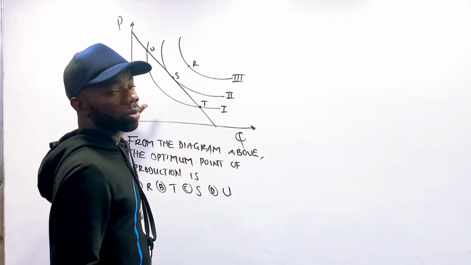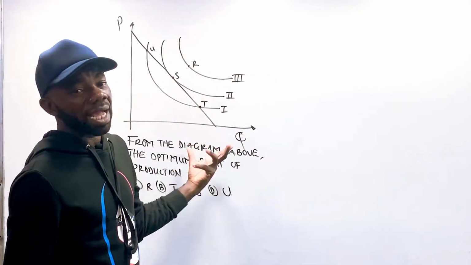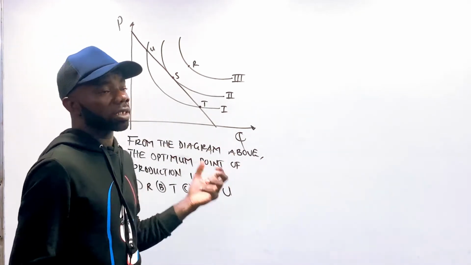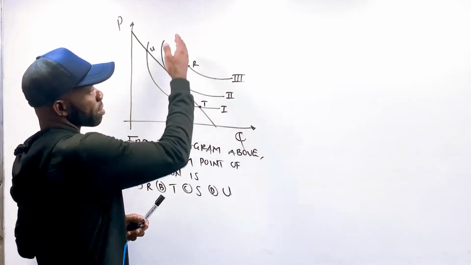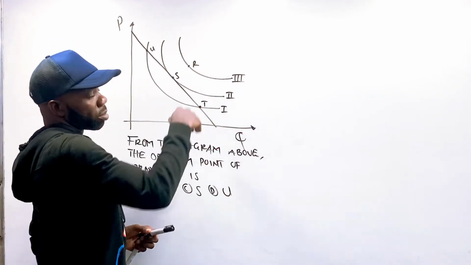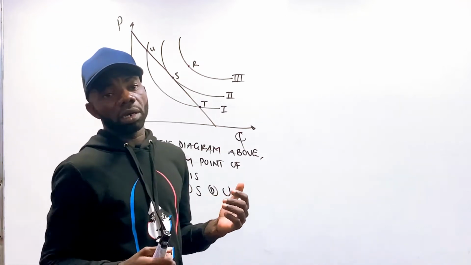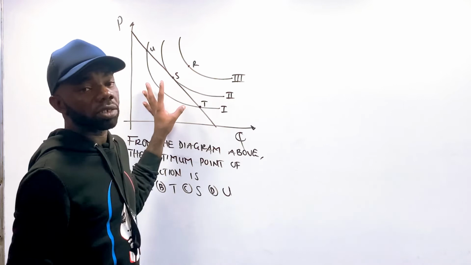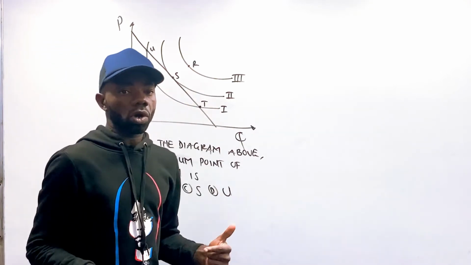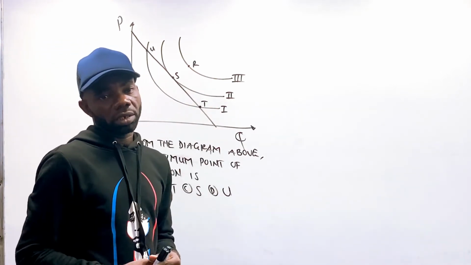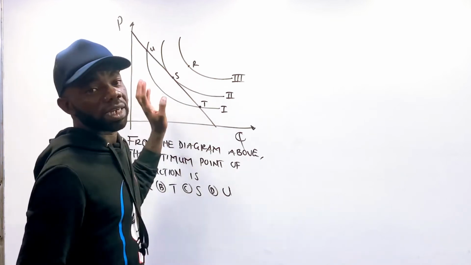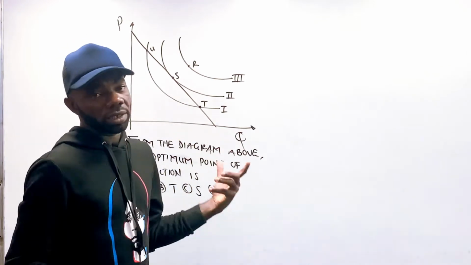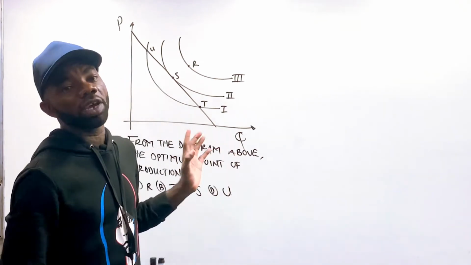For this next question, we have something similar to the indifference curve and budget line. You can see the resemblance, but we have something under production theory which has to do with iso-cost, iso-quant. The iso-cost is the budget line of the producer, while the iso-quant is the indifference curve of a producer.